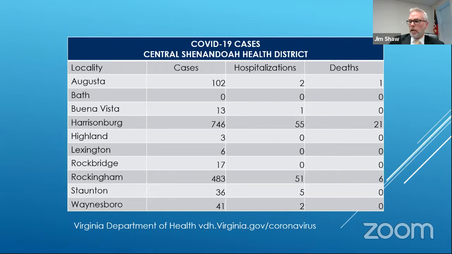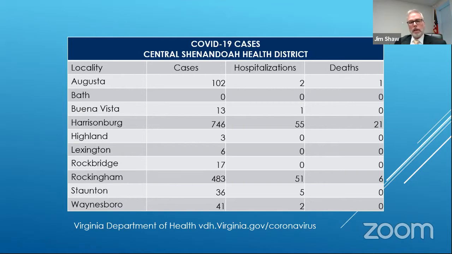By way of update of cases in our health district, we're in the Central Shenandoah Health District, and it's pretty extraordinary that within our district, in our region here, Bath County still has no reported cases. They're one of the few localities in the Commonwealth without a reported case, whereas the Harrisonburg and Rockingham communities have been particularly hard hit.